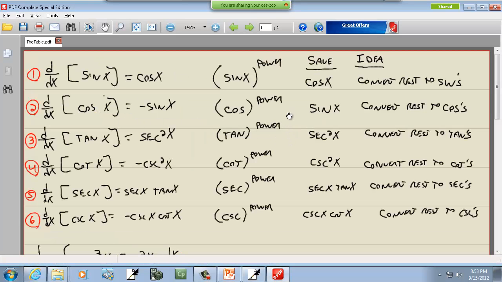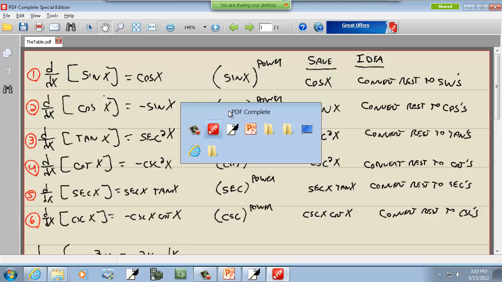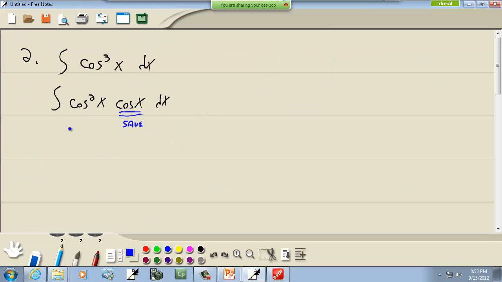Now, if I come over here, we saved a cosine, it says convert the rest to sines. We've already indicated that cosine squared is equal to 1 minus sine squared. And cosine x there, and again, that's our save.